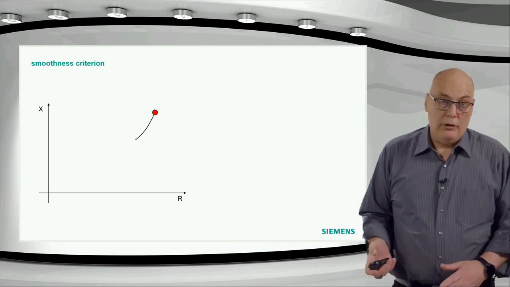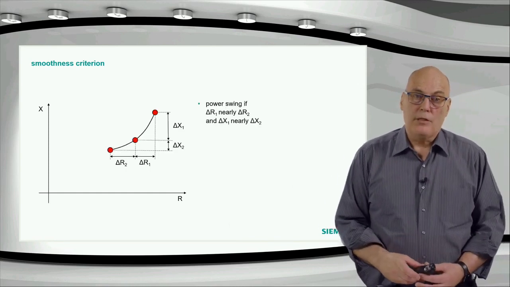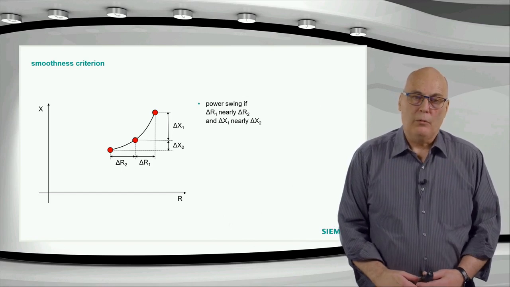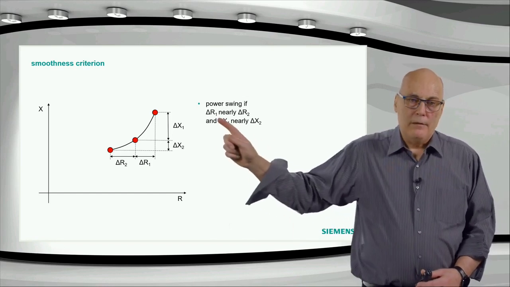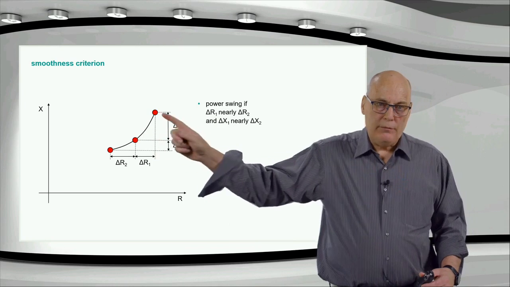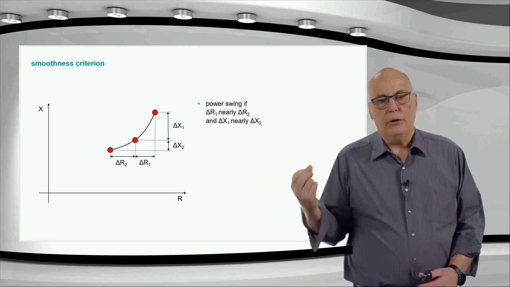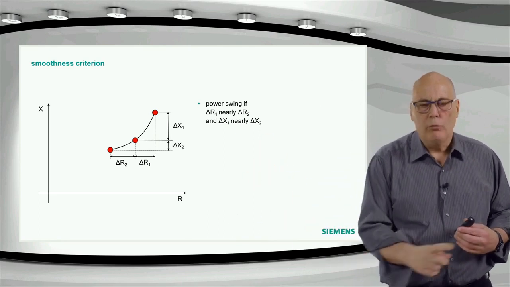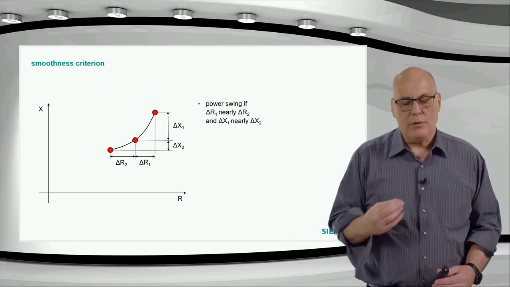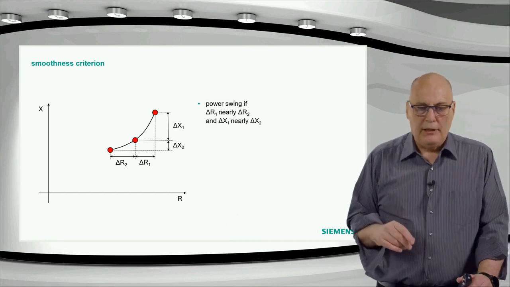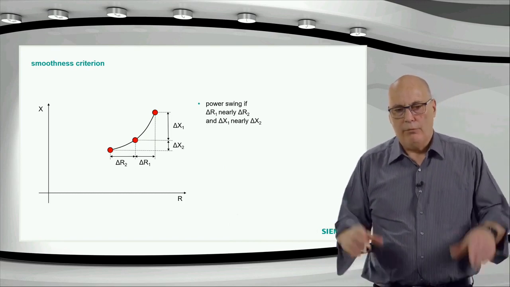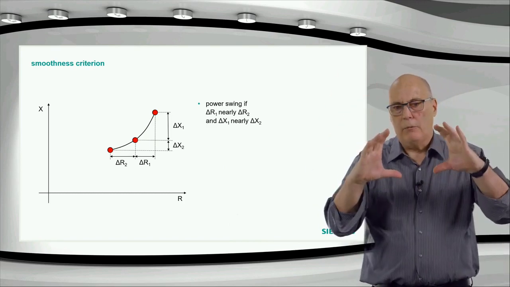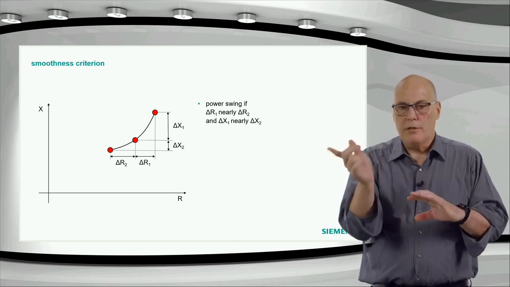The smoothness criteria is a very commonly used one to check, because that's also a very interesting one. The distance between each of these measurements, remember, every 5 milliseconds you measure impedance, is going to be fairly constant because the rate of movement is quite constant. And it's also interesting, I didn't mention that earlier. If you remember that circle we had before with the 0 degrees at the top, 180 at the bottom, the movement when you're close to 0 is fast.